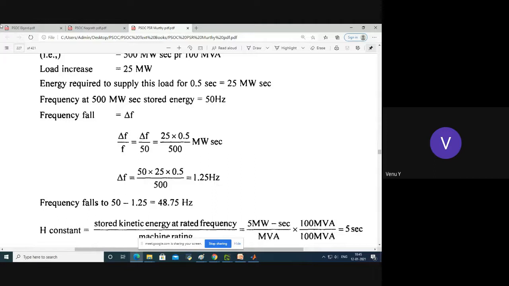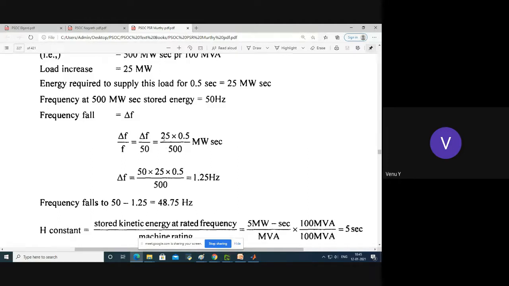If the load variation is 500, delta PD is 500, the change in frequency is 50. If the variation is only 25, it is 25 divided by that value into the time constant 0.5. Therefore, the change in frequency is only limited to 1.25 Hz.